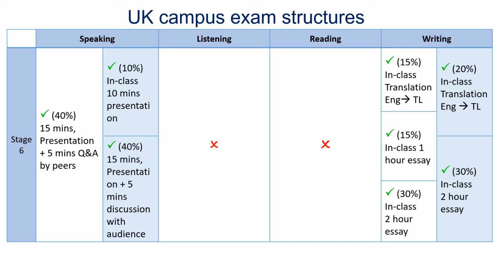Students will present in front of an audience, and the audience will join in for a discussion based on the presentation later. And in the written assessment, translation skills are tested from English to the target language. So it is a more practical exam compared to the stage 1 to 3 exams.